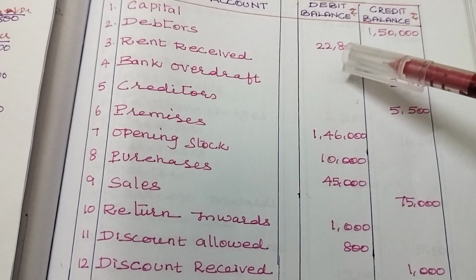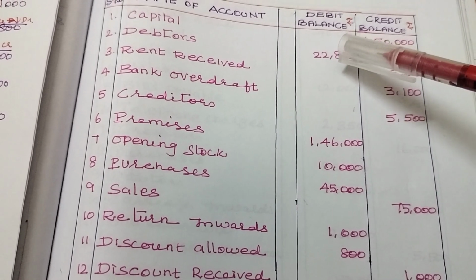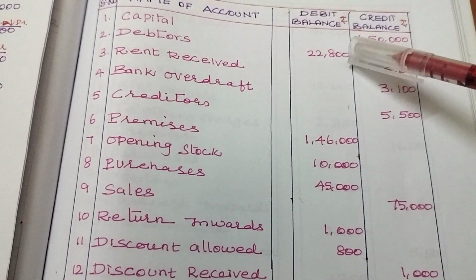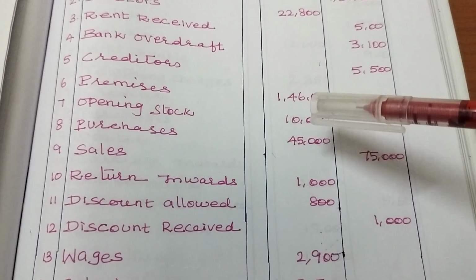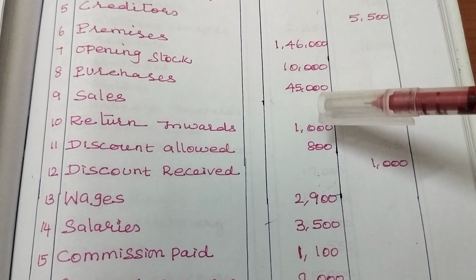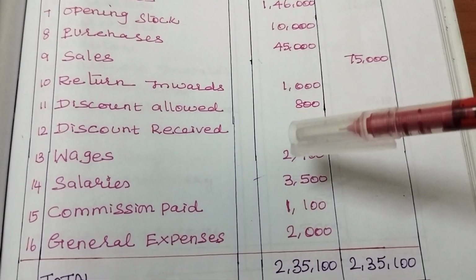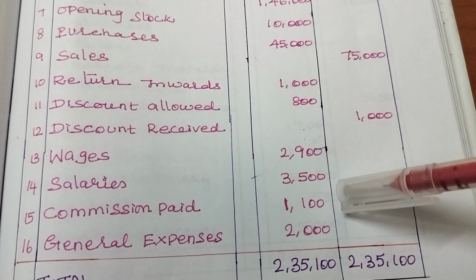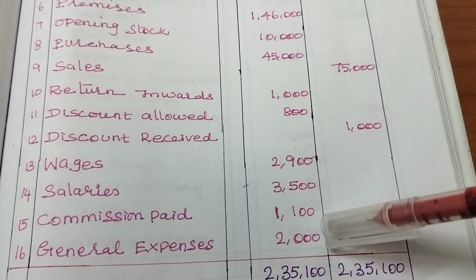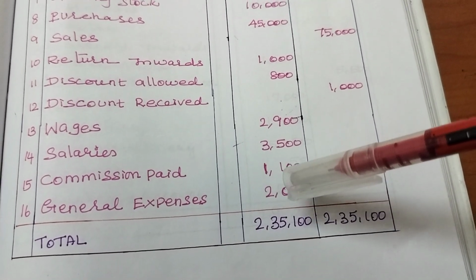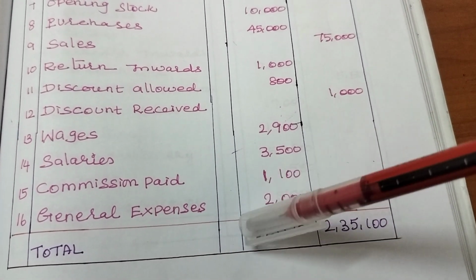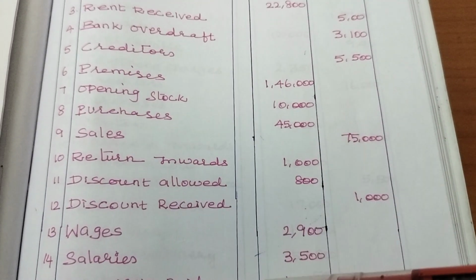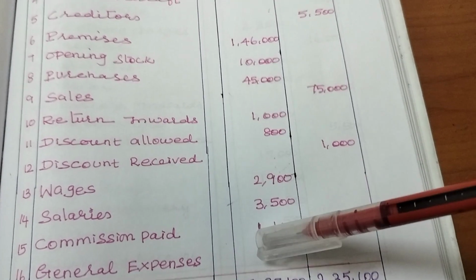To find the total, we add all the debit balance values: 22,800 plus 1,46,000 plus 10,000 plus 45,000 plus 1,000 plus 800 plus 2,900 plus 3,500 plus 1,100 plus 2,000. How much rupees do we get? We get 2,35,100 rupees. This is the debit balance total.